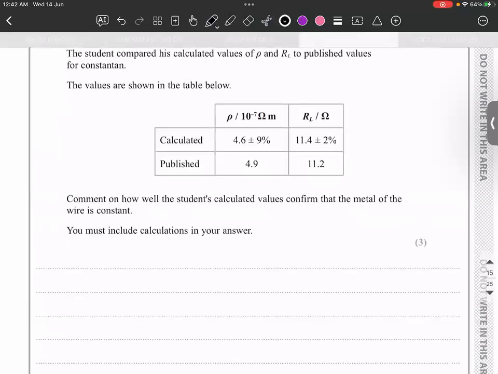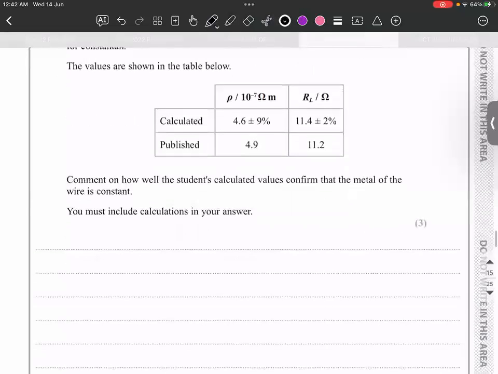The published value is 4.9. RL: 11.4 plus or minus 2%. The published value is 11.2. Comment on how well the student's calculated values confirm that the metal of the wire is constantan. You must include calculations in your answer.